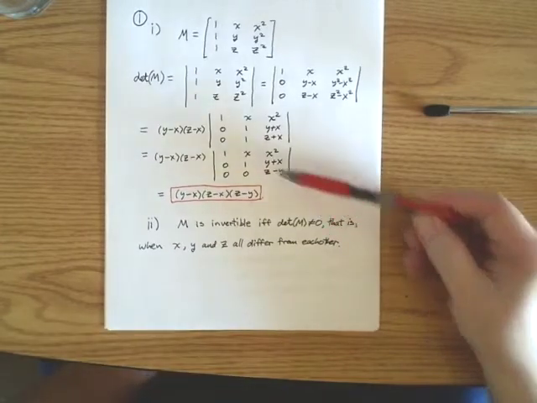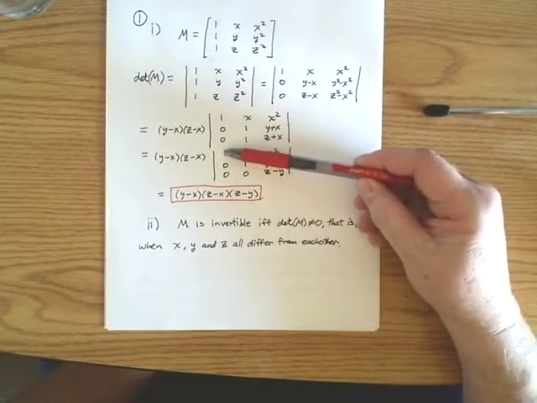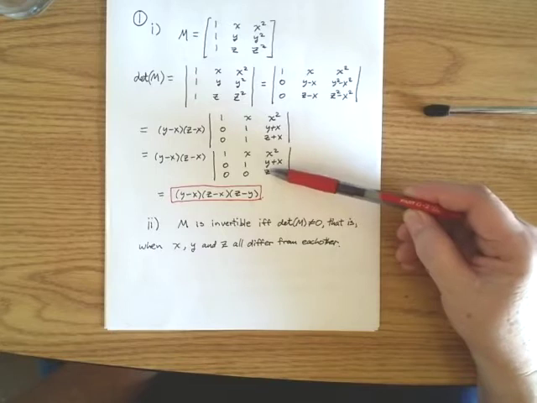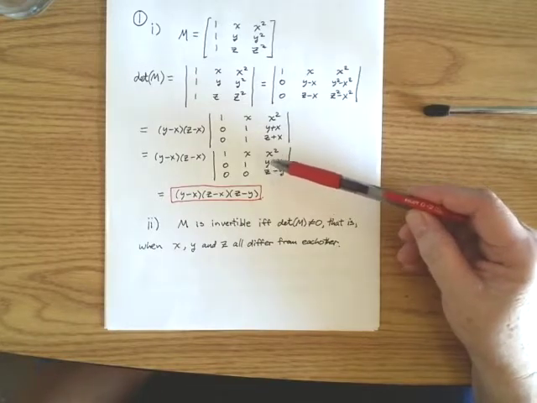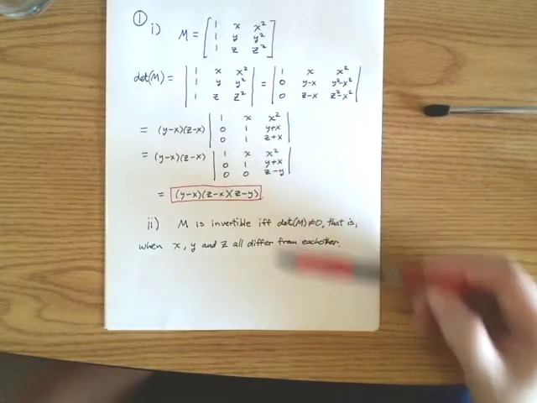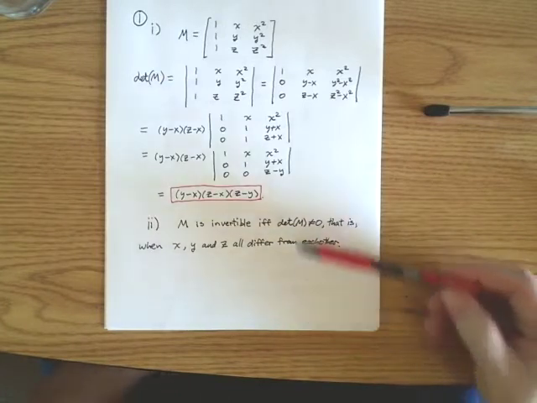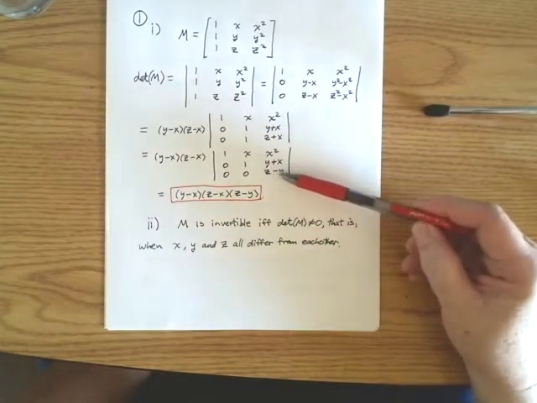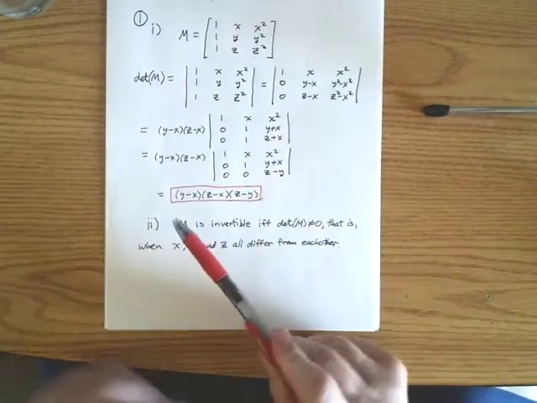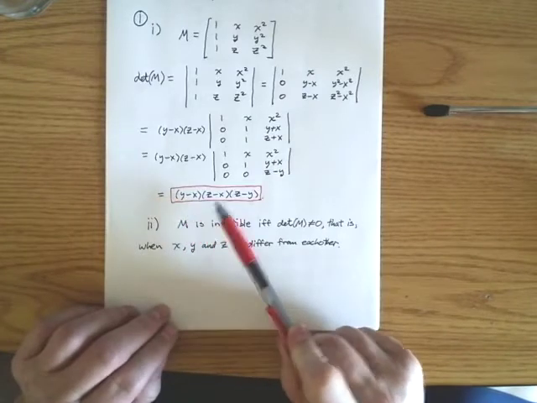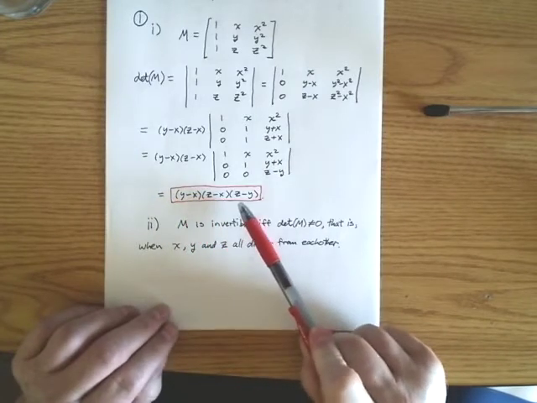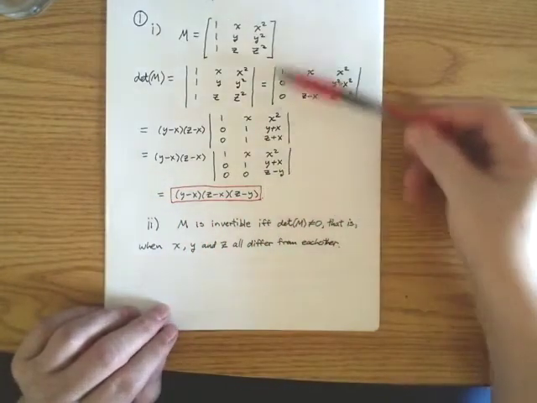And now, notice this is an upper triangular matrix. The determinant of an upper or lower triangular matrix is just the product of the main diagonal entries. So that's 1 times z minus y. Put it all together: the answer is y minus x, z minus x, z minus y, and there is the determinant.